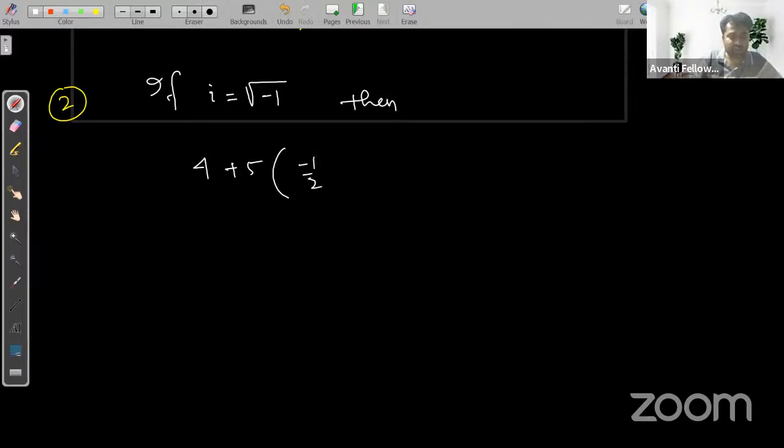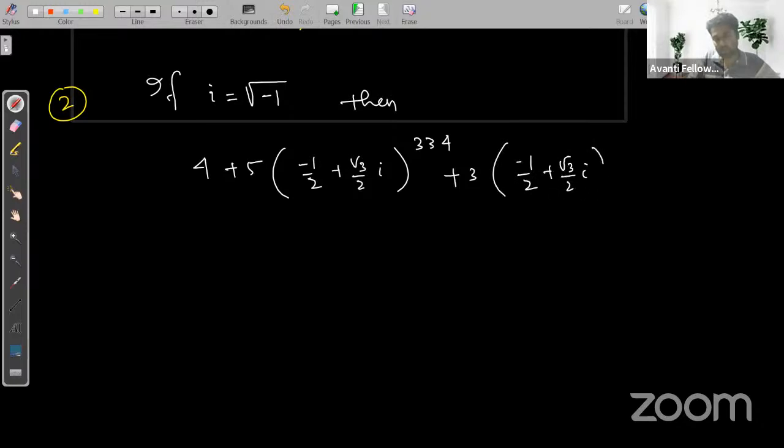Second question: if i is equal to root of minus 1, then 4 plus 5 into minus 1 by 2 plus root 3 by 2 i, whole to the power 334, plus 3 into minus 1 by 2 plus root 3 by 2 i, whole to the power 365. Then find this.